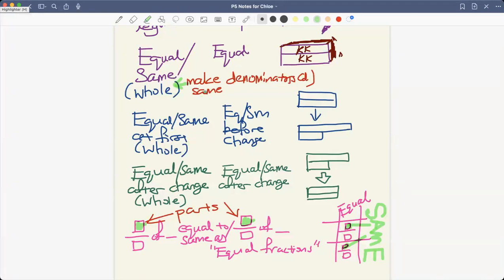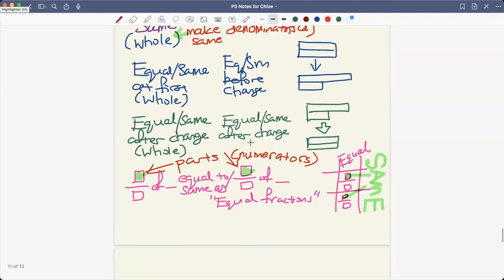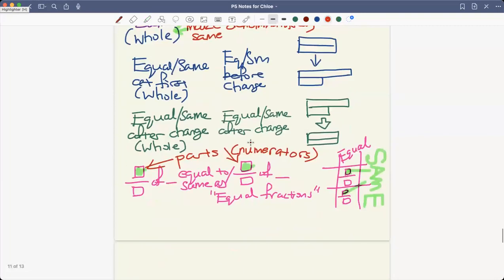It's only for the first one. Then for equal fractions, you have to make the numerators the same. So take note of the difference. A bit cramped here, but I want to squeeze all the equal concepts into one page so that it's easy for you to revise.